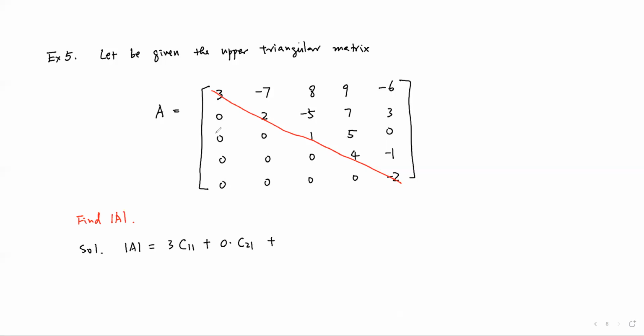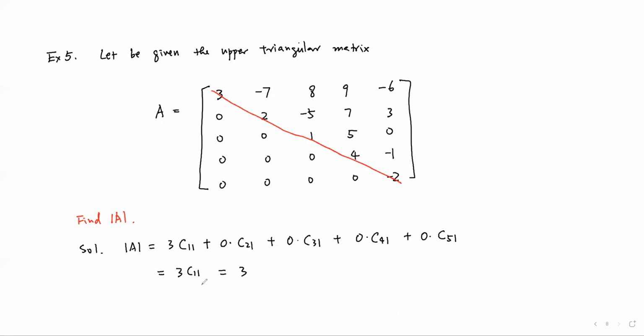Third entry, A31, 0 times C31. And then the fourth entry, 0 times C41, and 0 times C51. So this is equal to just the first term, 3 C11.